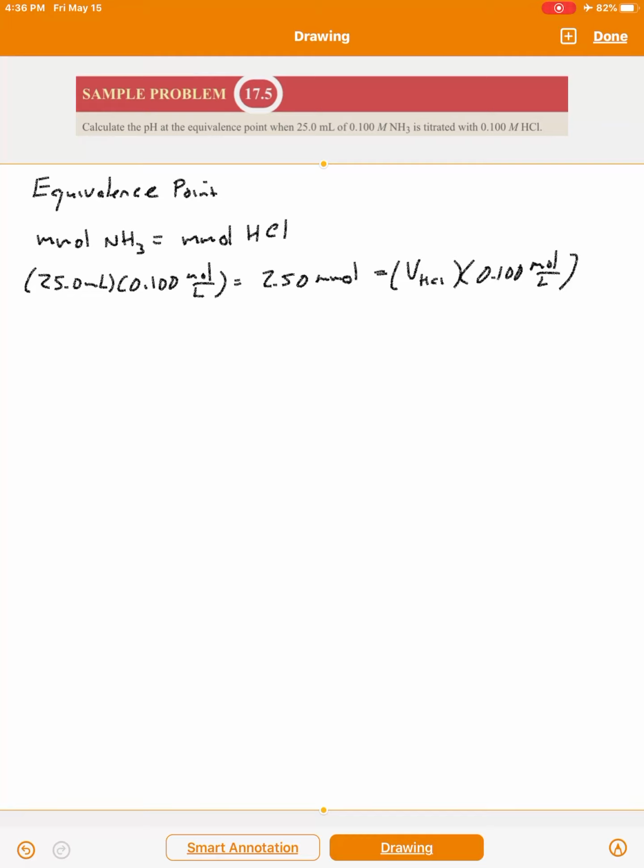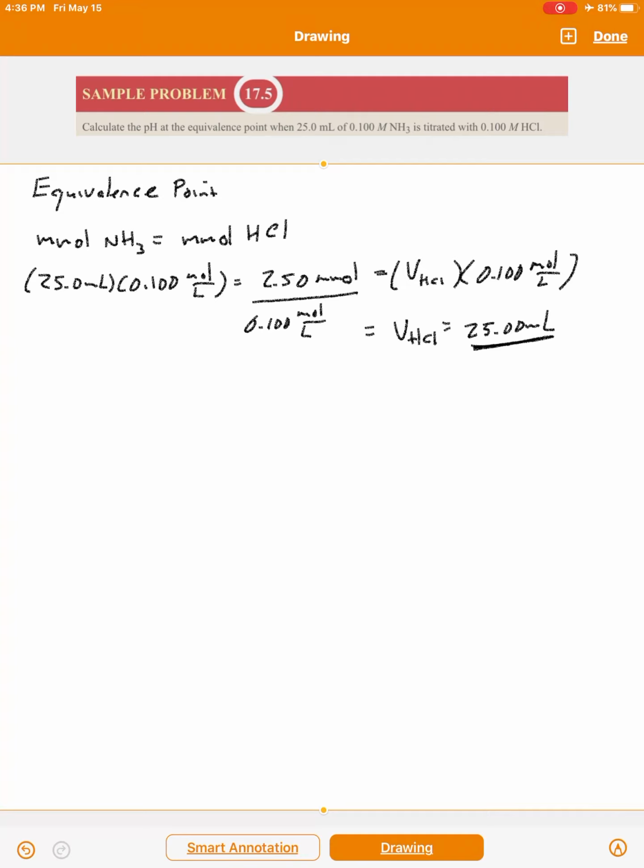Well, they did pick the same concentration, so that makes it pretty easy, right? 2.5 millimoles divided by 0.1 mole per liter is going to give you the volume of HCl, and that's going to be 25 milliliters. So now we know the volume of HCl is 25 milliliters. We want to find the pH at that particular point.